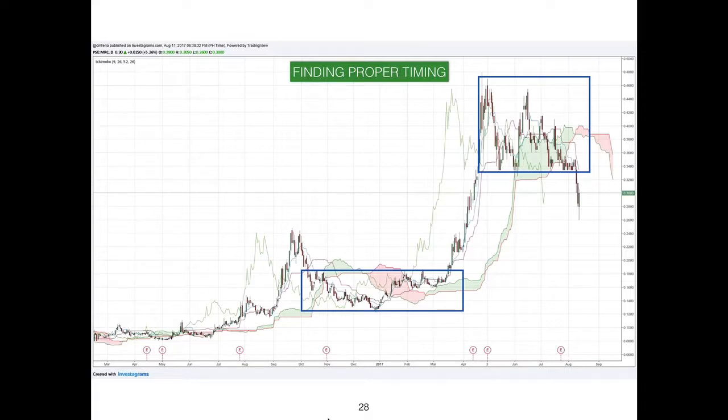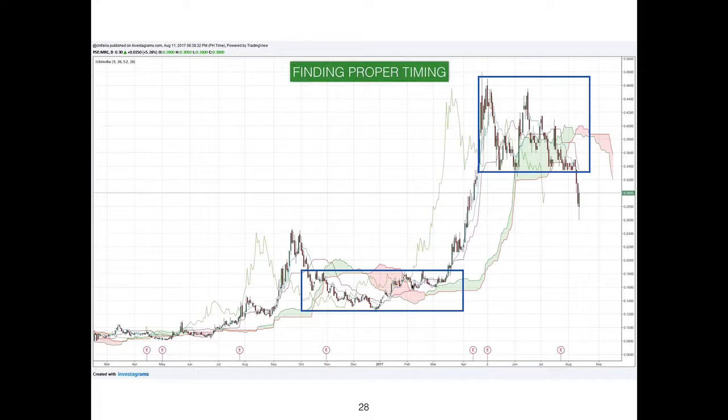Now price has to be trending above the bullish Kumo, where the Senkou Span A is above the Senkou Span B. So we know this is bullish already when we added the Ichimoku chart, because price had already been trending above a bullish Kumo. So that's the first condition to find the proper timing. First, the price has to be above the Kumo.